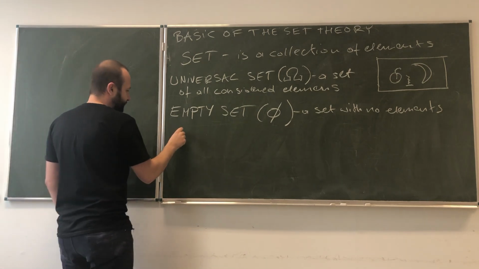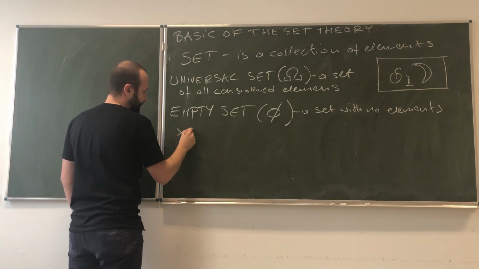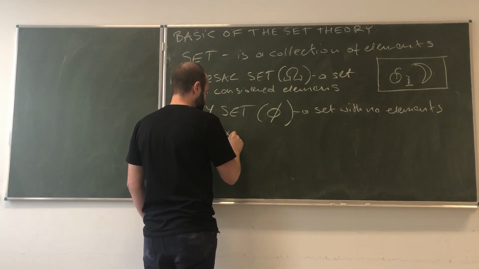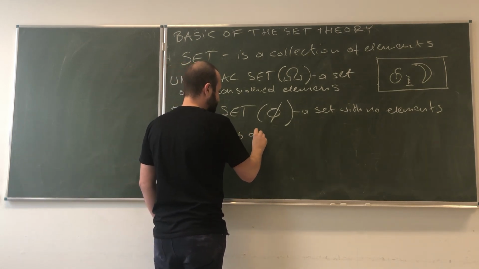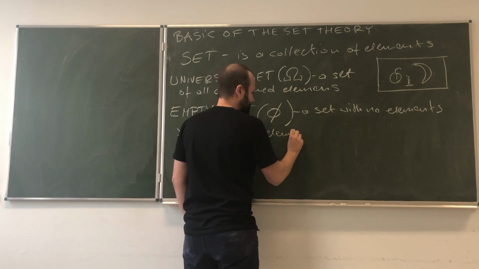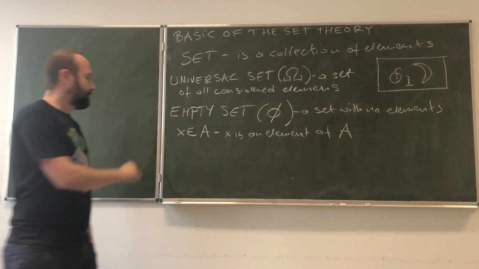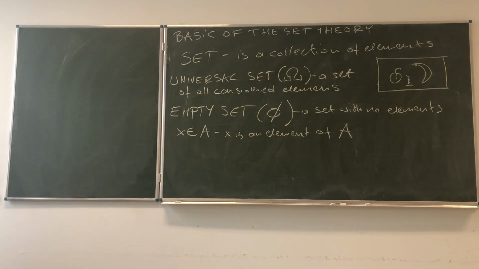Okay, now, if we see something like that, we read it as x is an element of A, where A denotes a set.